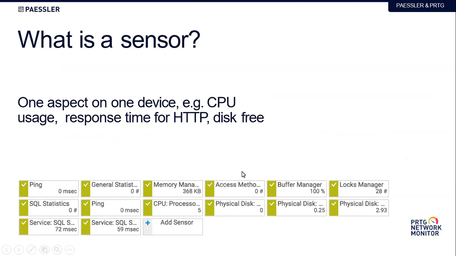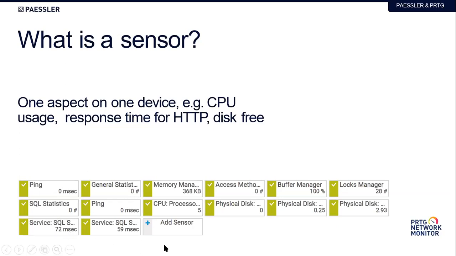Next, PRTG is calculated by the number of sensors, just like I mentioned. What is the meaning of a sensor? It is one aspect of one device, what we call an element per device. For example, monitoring CPU usage is considered one sensor. Response time for HTTP is another sensor.